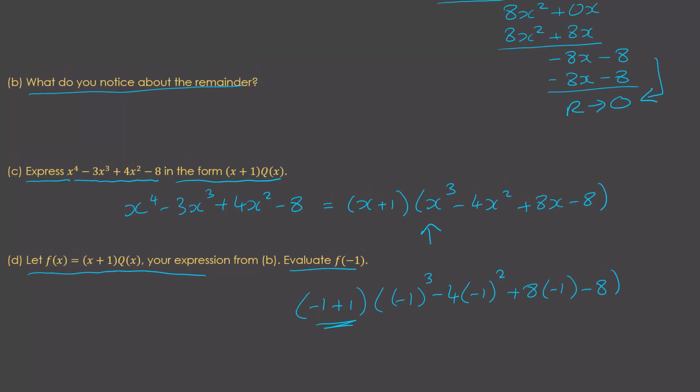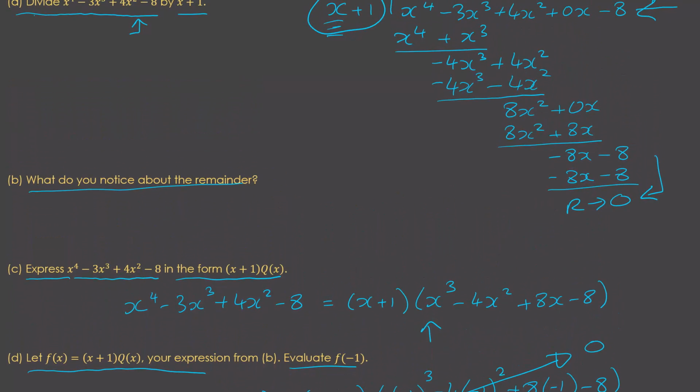Clearly, this bracket here is 0, so the whole thing is equal to 0. Remember, that's f of negative 1. So f of negative 1 equals 0. Once again, it's equal to the remainder. But in this case, we've identified x plus 1 as a factor by finding f of negative 1 equal to 0.